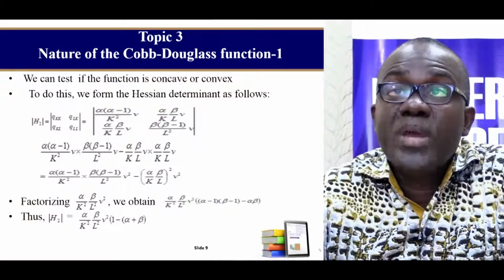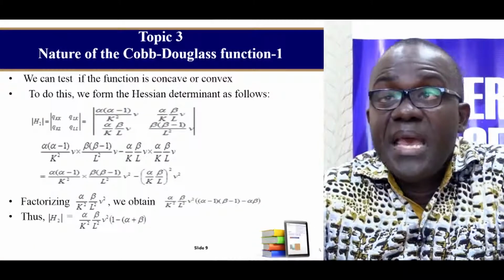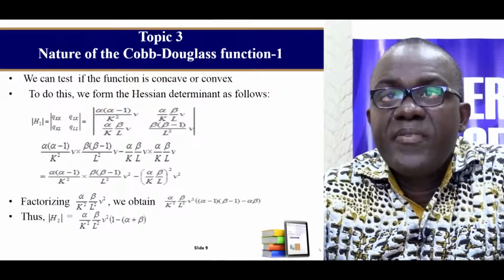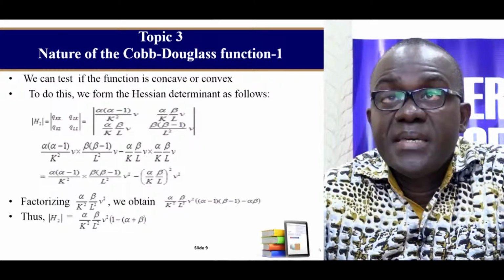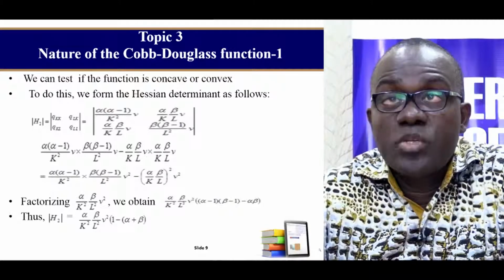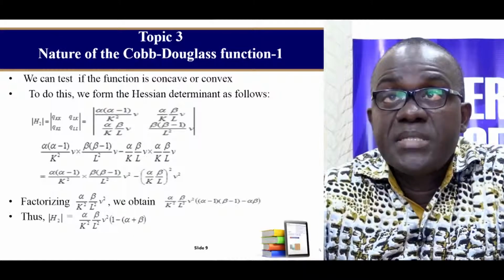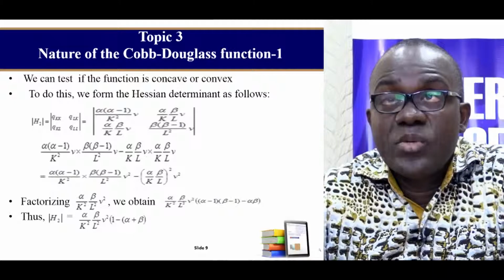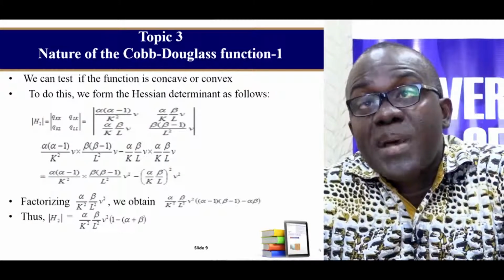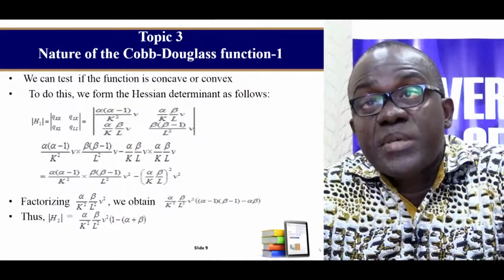So here too, we have to use the Hessian determinant. Earlier, we found the first and second order partial derivatives and also the cross partials, which is what we've done up to date. So you just insert them: this is the first order partial derivative with respect to K, with respect to L. These are the cross partials.